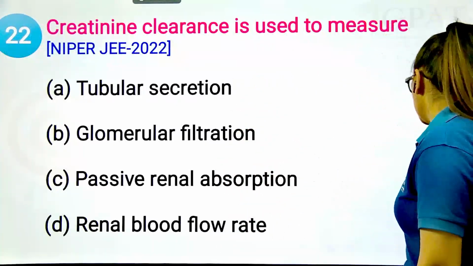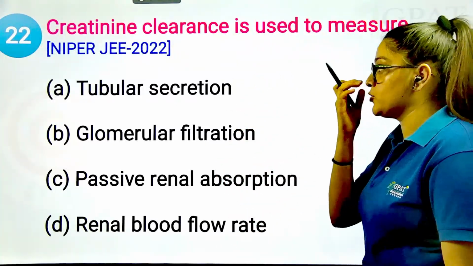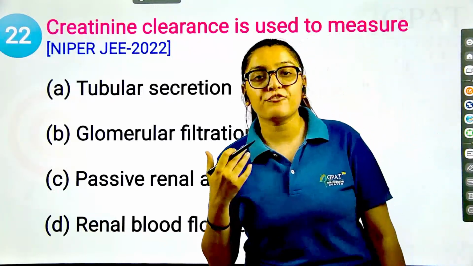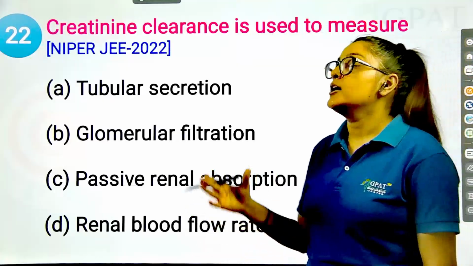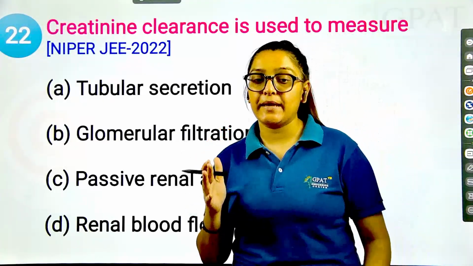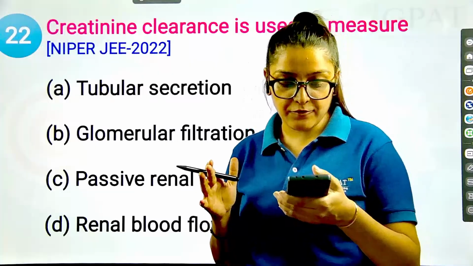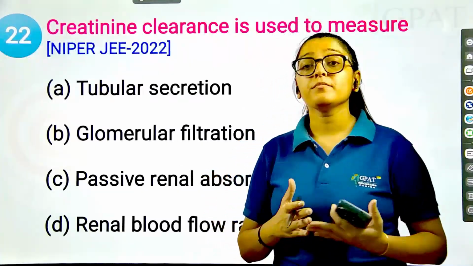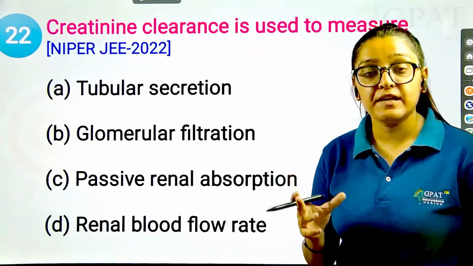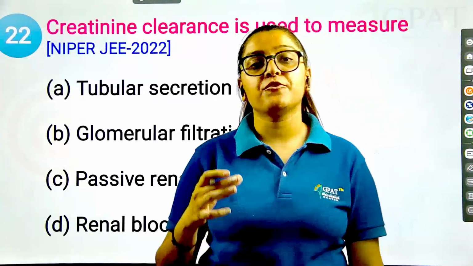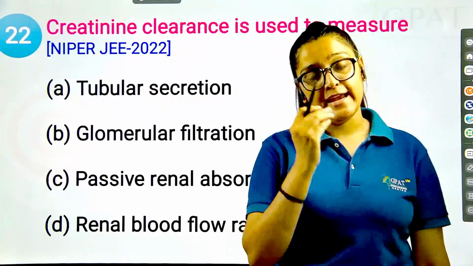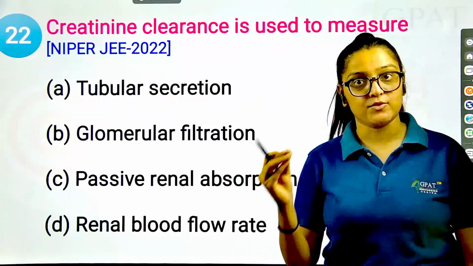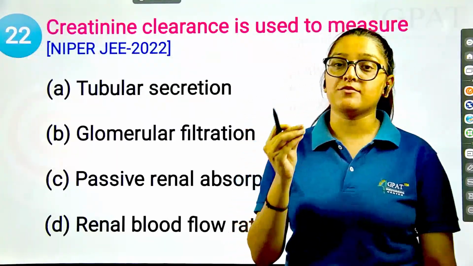Okay, next. Creatinine clearance is used to measure tubular secretion, glomerular filtration, passive renal absorption, or renal blood flow rate. While you have studied GFR, glomerular filtration rate, for its determination we use one endogenous compound and one exogenous. For the endogenous, we have creatinine.